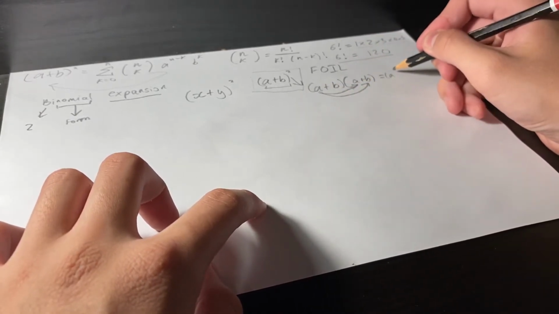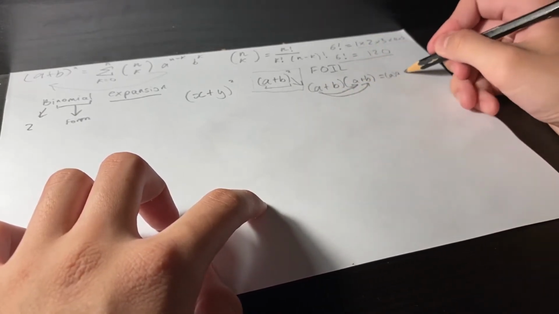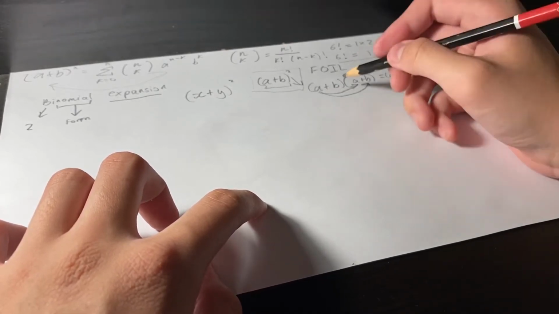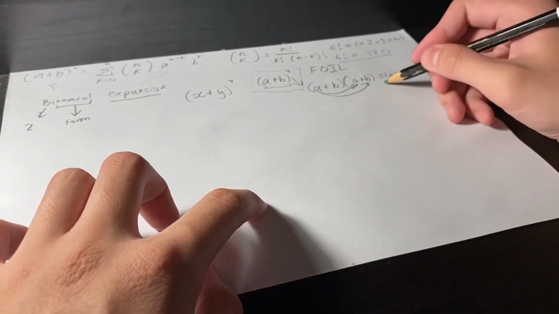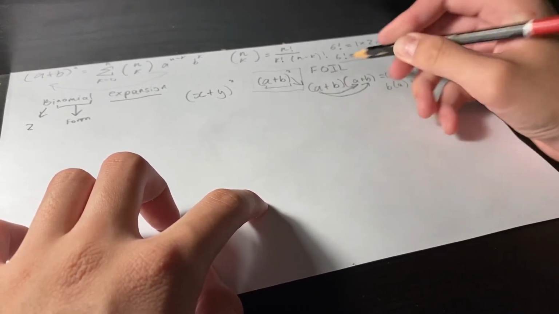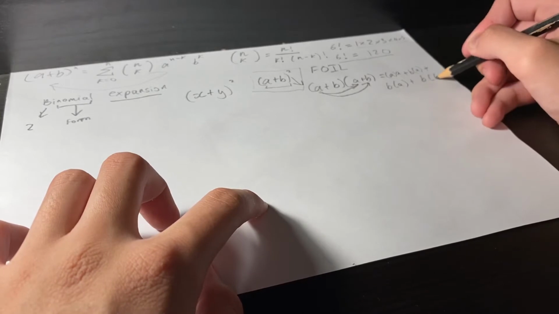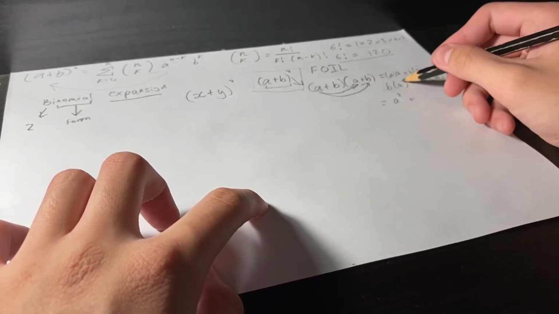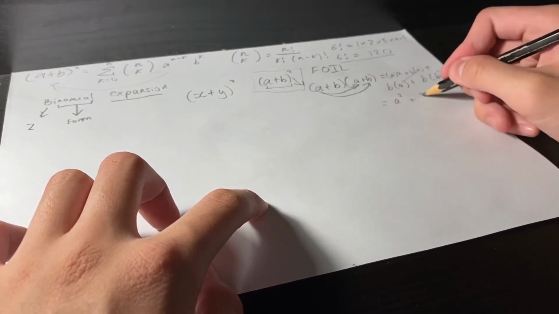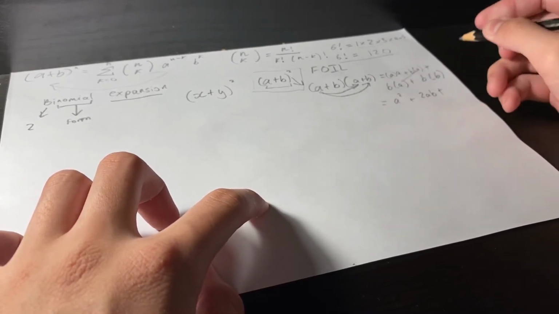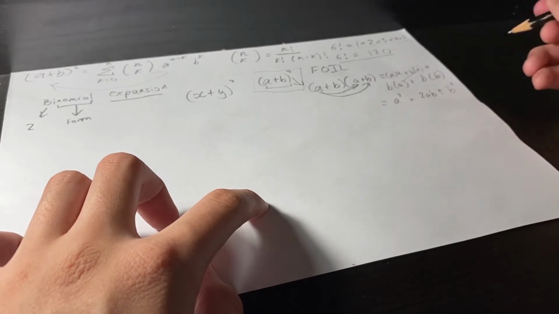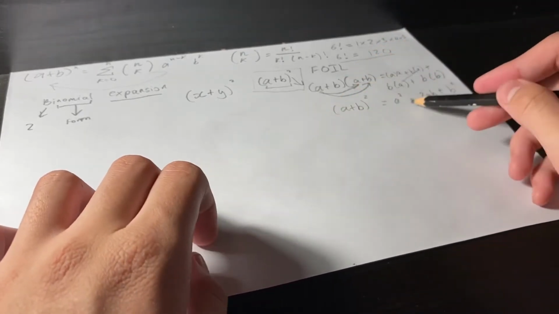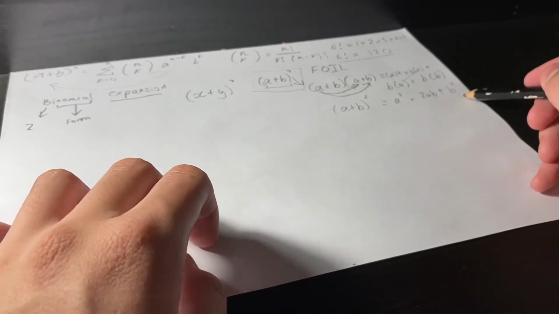So a by a, plus b by a, plus a by b, plus b by b, and that would equal a squared plus 2ab, 2ba, I'm just going to write it as 2ab, plus b squared. Nice. So (a plus b) squared is equal to a squared plus 2ab plus b squared.